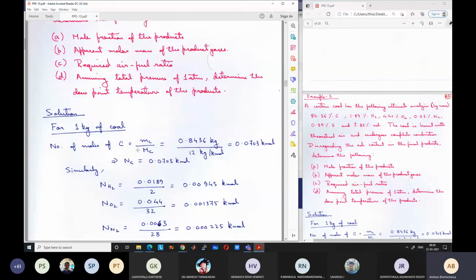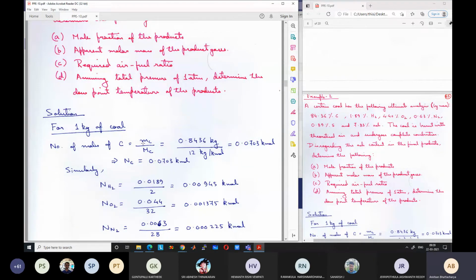So for 1 kg of coal, the amount of carbon which is present is 843.6 grams, right? 84.36% is carbon. So for 1 kg of coal, 0.8436 kg is the mass of carbon.